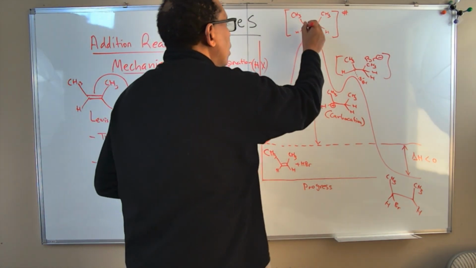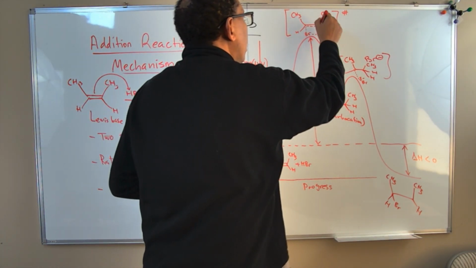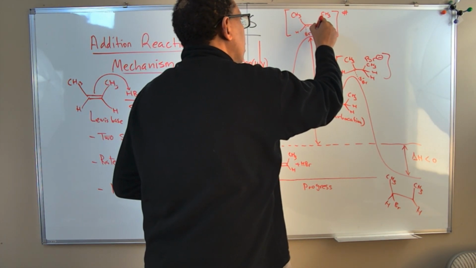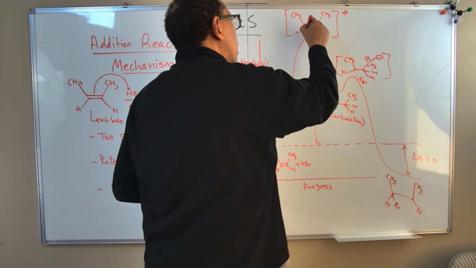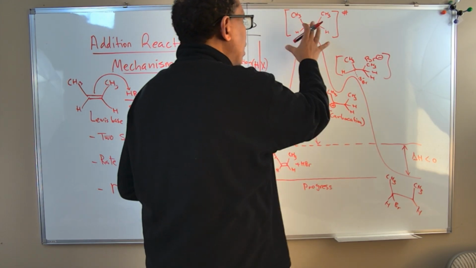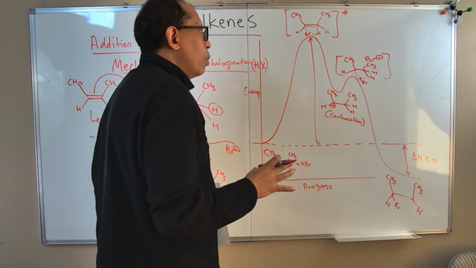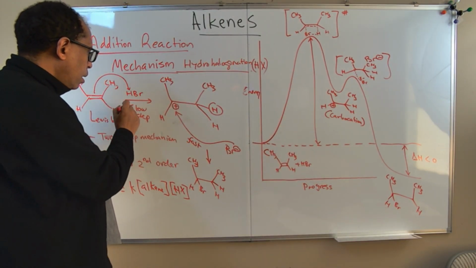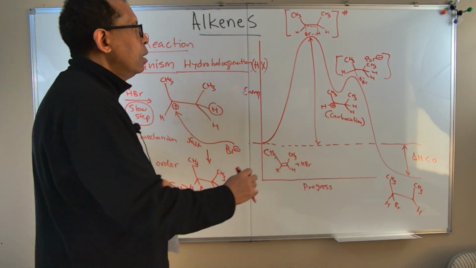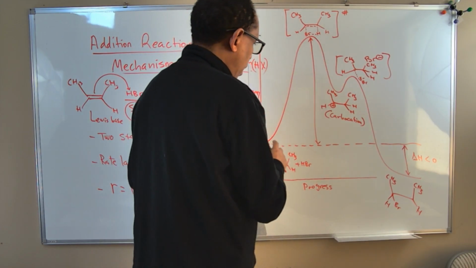The H is being added, the H-Br bond is being broken, and Br is starting to come in. So that is the transition state where the highest energy is, and it is the slowest step.